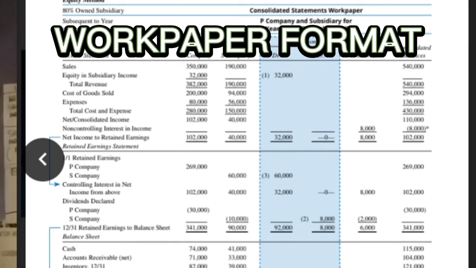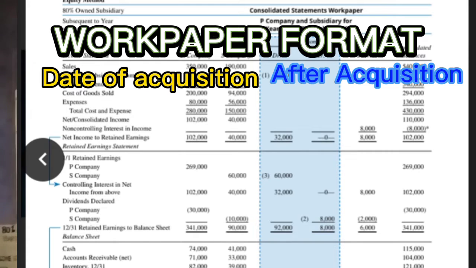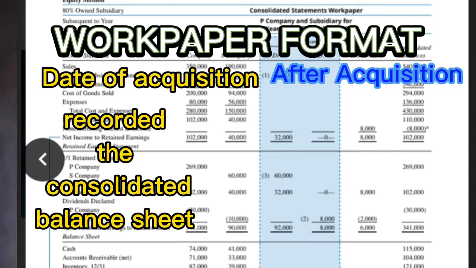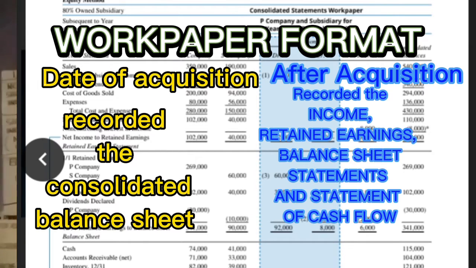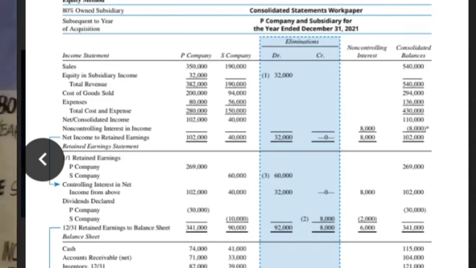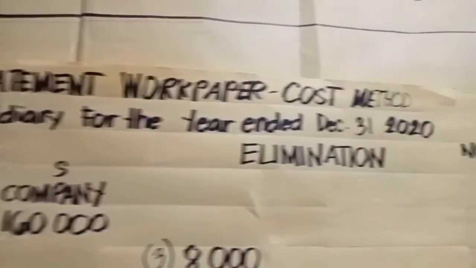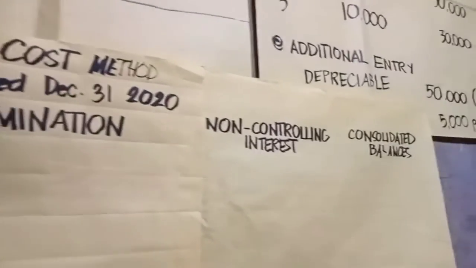Work paper format. On the date of acquisition, the only relevant financial statement is the consolidated balance sheet. But after acquisition, a complete set of consolidated financial statements must be prepared: income statement, retained earnings statement, balance sheet, and statement of cash flows. There are two working paper formats: the trial balance and the three-section work paper.